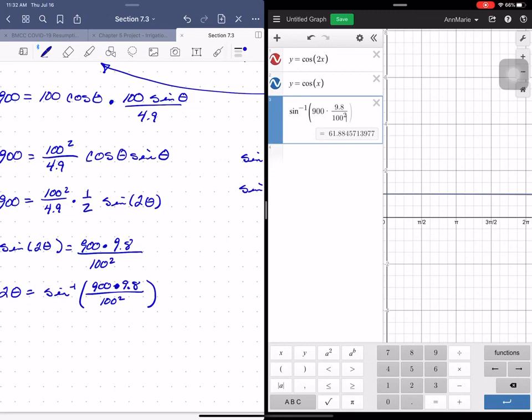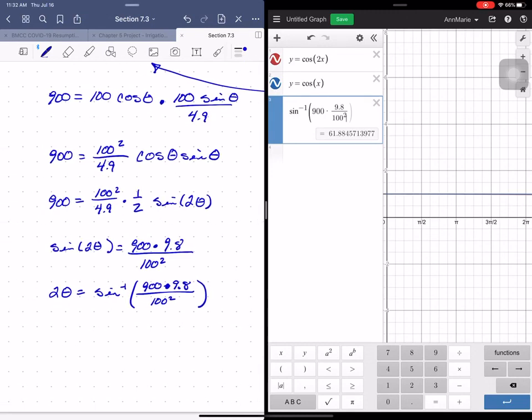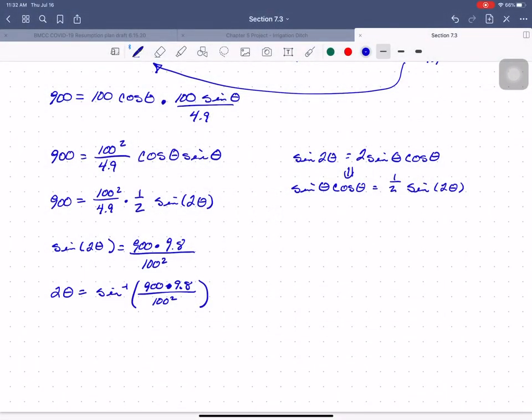And I get 61.88. Now, that does not mean I'm going to launch my cannon at 61 degrees, because that's 2 theta. So I'm going to divide through by 2 in order to get theta equals 30.94 degrees. And that is the angle at which I should set my cannon.